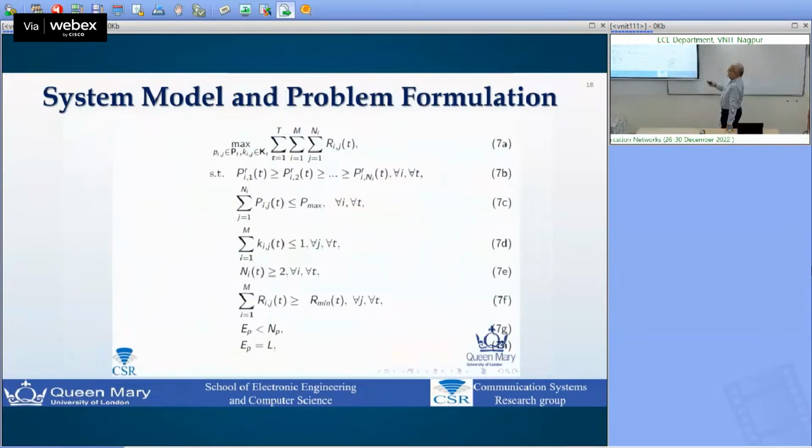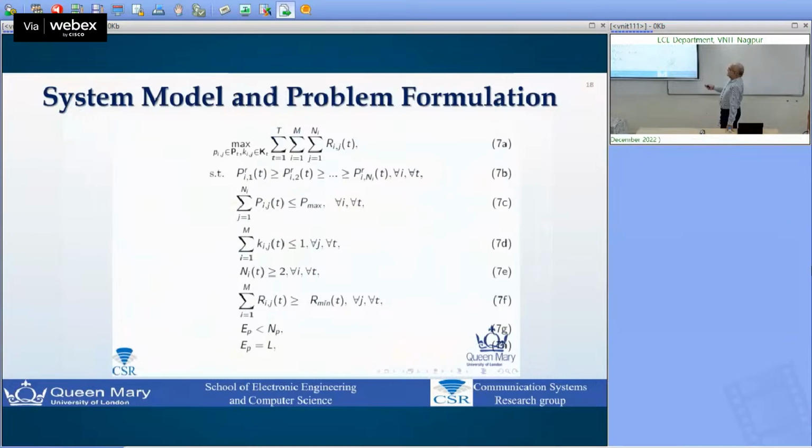For example, this constraint is that one IoT device can occupy only one sub-channel. Here we have the power constraint. Then at a particular channel we have more than 2 devices, and each device is going to have a minimum rate.